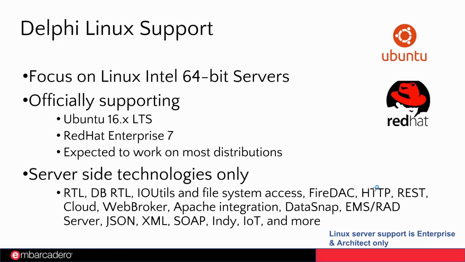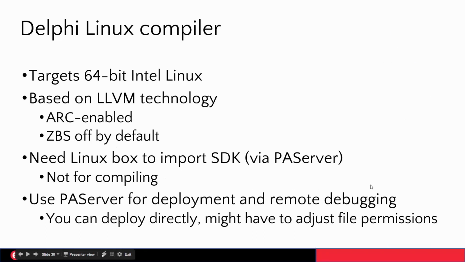What is missing, and we're not offering, at least in this first release, is the ability to build user interfaces for Linux. Again, the target is the 64-bit Intel platform.